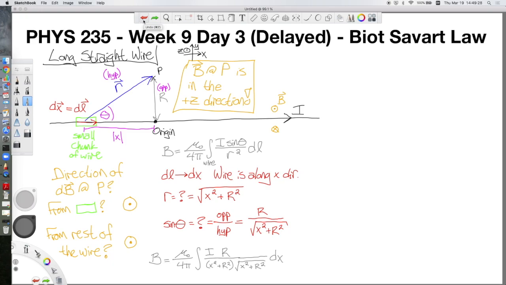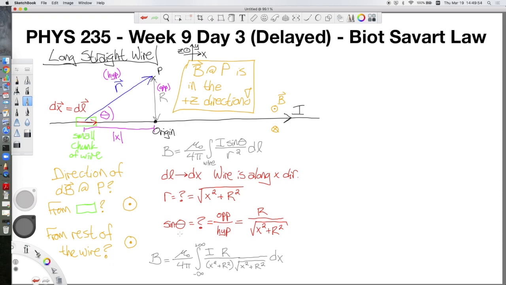And if it is a long straight wire, we are making the assumption that it is infinitely long. And it will turn out this is a pretty good assumption as long as the length of the wire is much bigger than this distance R right here. So we will integrate from negative infinity to positive infinity.